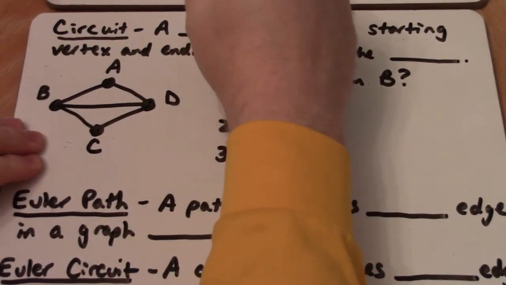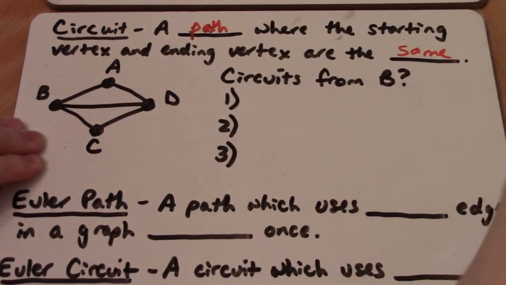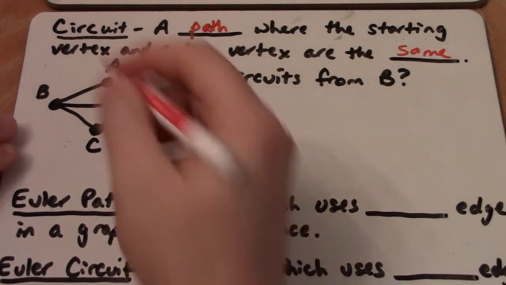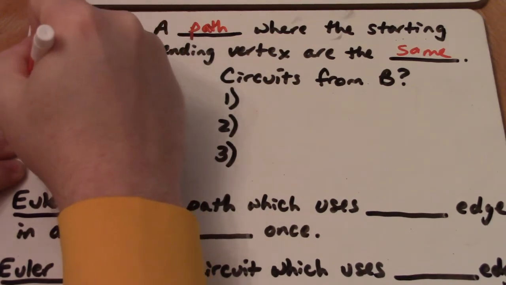It is a path where the starting and ending vertex are the same. So in this case, we have a different starting graph. This one only has 4 vertices. It has a total of 5 edges, and it wants us to list circuits from point B. So that means we're going to both start and end at B.